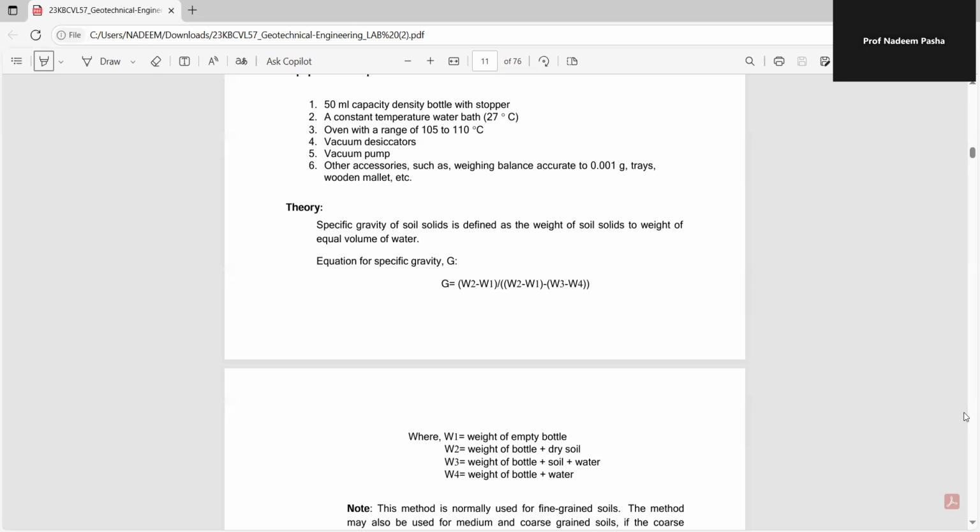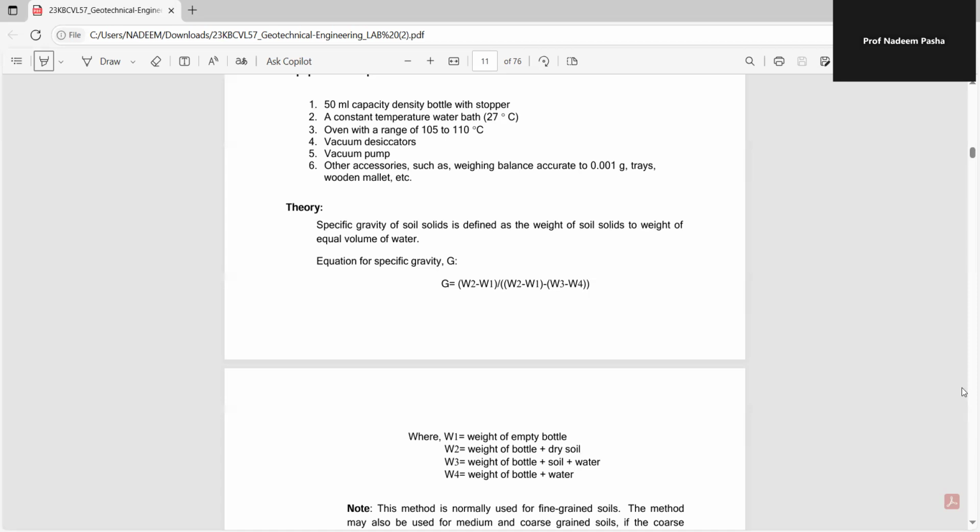W1 is the weight of the empty bottle; in the previous case it was the weight of the empty pycnometer. W2 is the weight of bottle plus dry soil, W3 is the weight of bottle plus soil plus water, and W4 is the weight of bottle plus water.